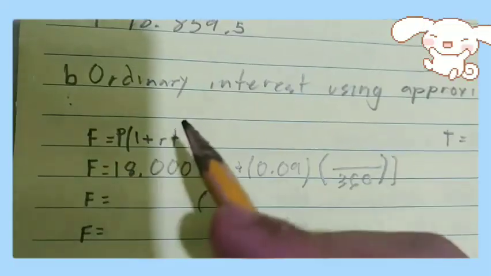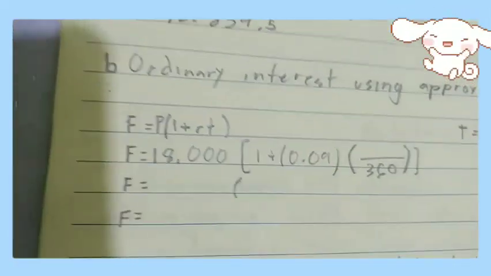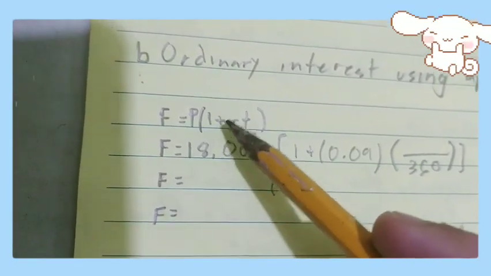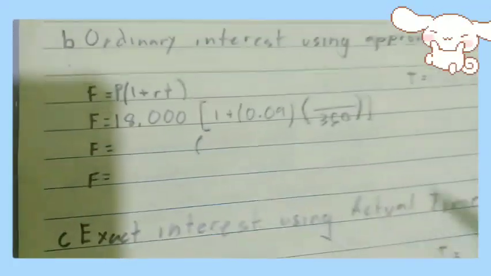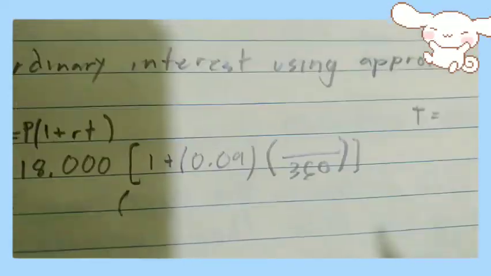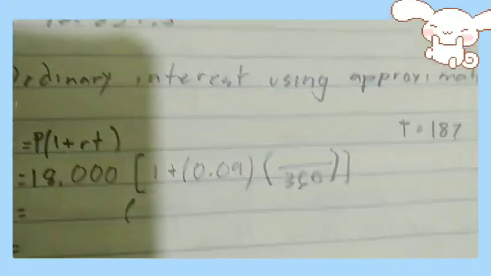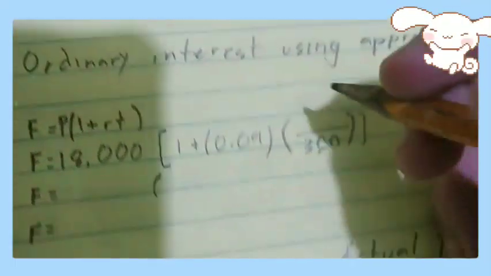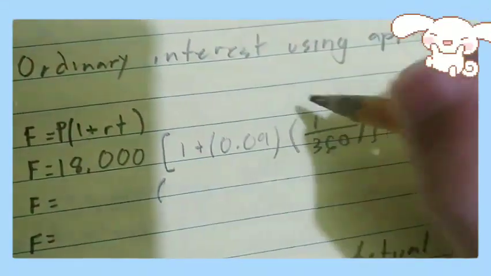Now, letter B, ordinary interest using approximate time. So our formula is again F equals P plus parenthesis, no, that's not I, that's 1 plus RT close parenthesis. So our time will be 187, and we will put it here above the 360 since it's our time.